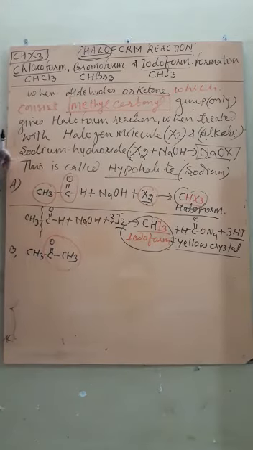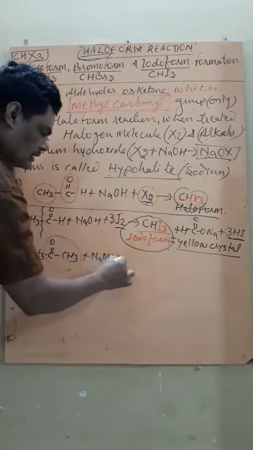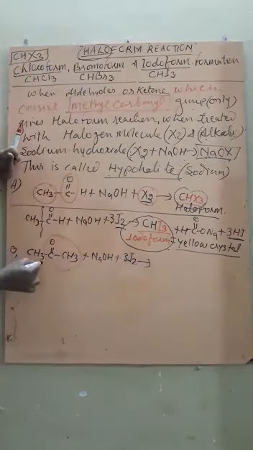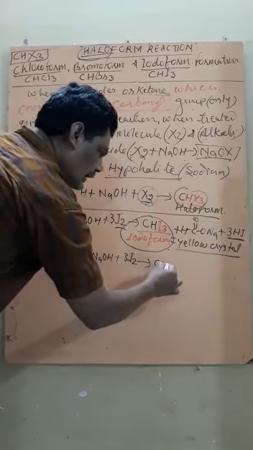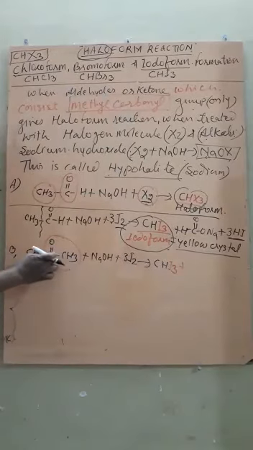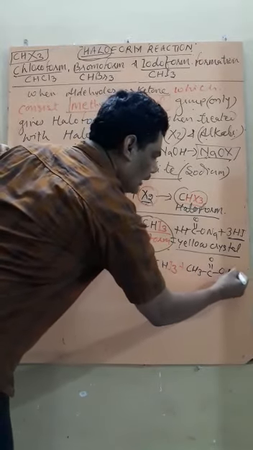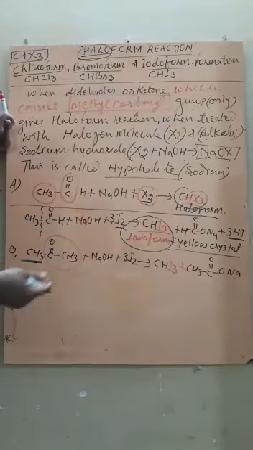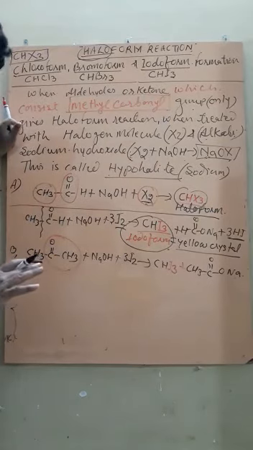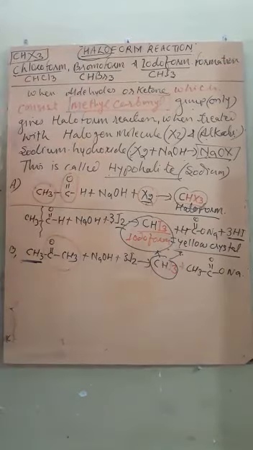With the same condition, NaOH plus 3I2, this compound is converted into iodoform, CHI3, and the remaining portion will be CH3COONa, plus 3HI. This compound is again called iodoform, and it is a yellow crystal.